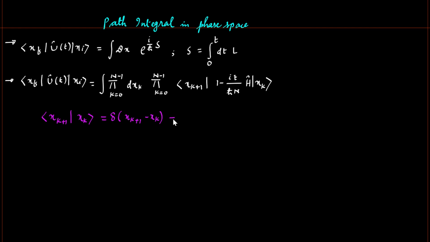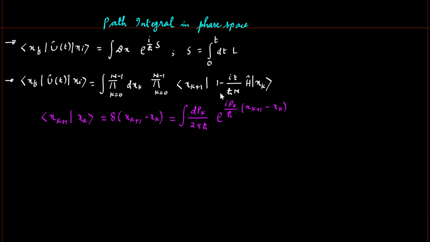But we can also express this delta function in Fourier space like this: the integral of dp_k divided by 2πħ, e to the power i p_k divided by ħ times (x_{k+1} minus x_k).